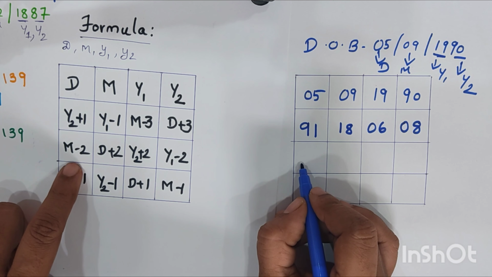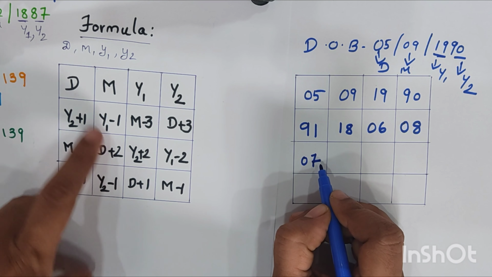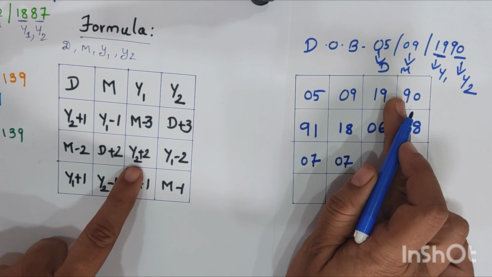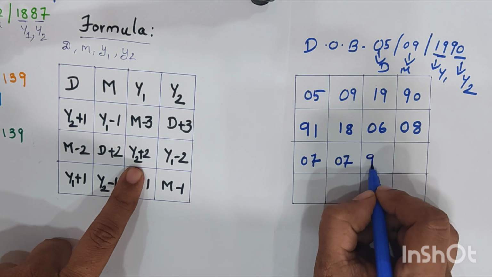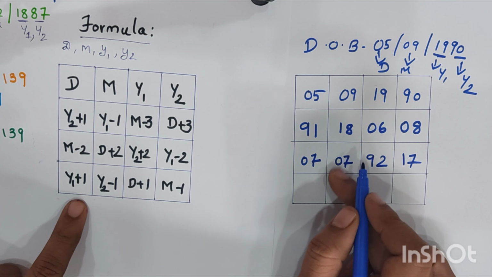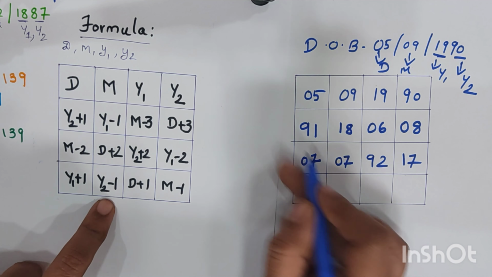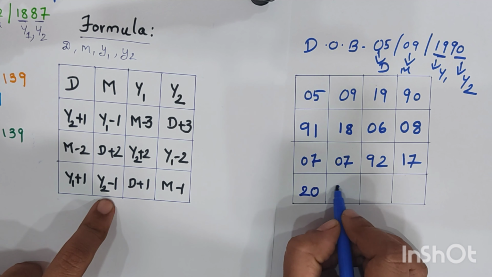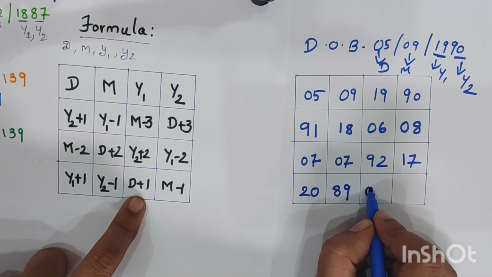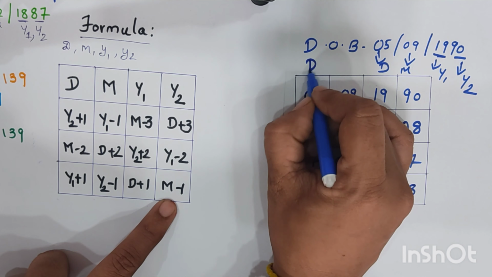In the third column, m minus 2, month minus 2, 07, and d plus 2, date plus 2, so 07 again, and y2 plus 2, so 90 plus 2 is 92, and y1 minus 2, that is 19 minus 2 is 17. In the fourth column, y1 plus 1, so 19 plus 1 is 20, and the second box, y2 minus 1, so 90 minus 1 is 89, and d plus 1, that is date 05 plus 1 is 6, and m minus 1, that is 9 minus 1 is 8.